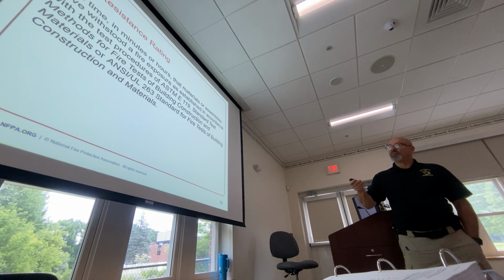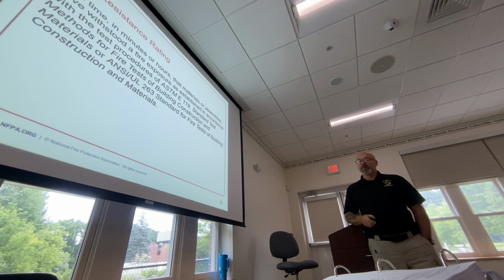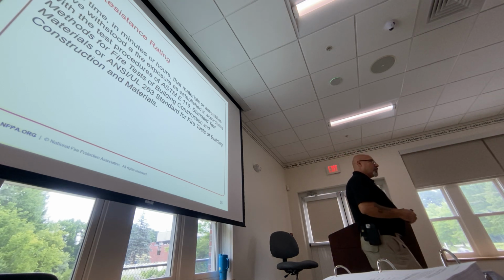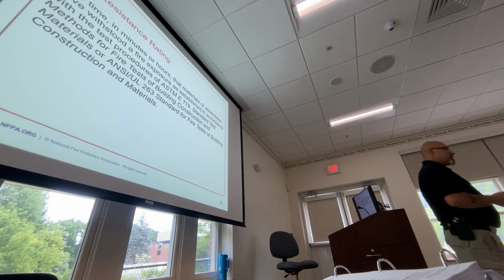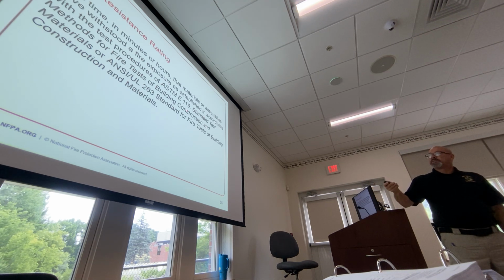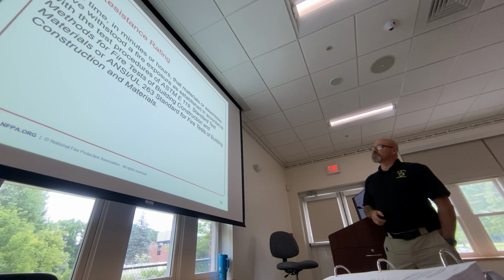You look for ANSI UL 263 or ASTM E119, and that'll tell you the code set, the edition, and what it stands for. ASTM E119 is the test methods for fire tests of building construction and materials.